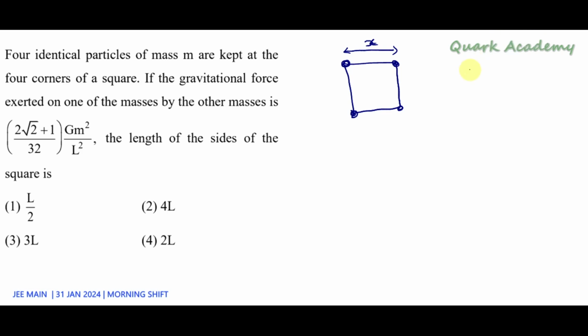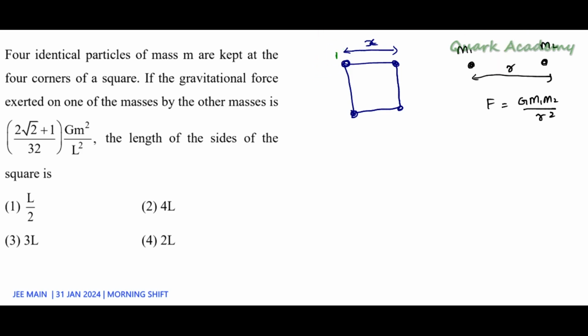We know that gravitational force is an attractive force. If you have two masses, say m1 and m2, separated by a distance r, then the gravitational force between them is given by G m1 m2 by r squared, and it is attractive. Let's assume one of the masses.